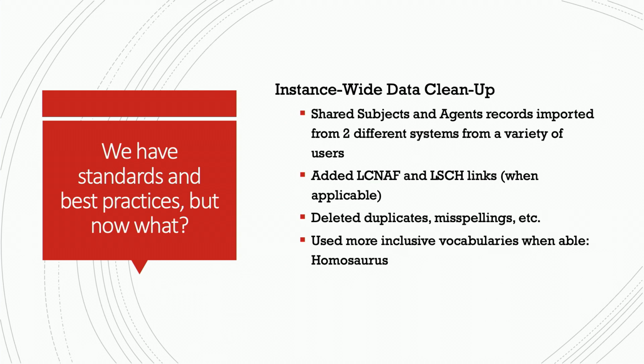So we added Library of Congress number and subject heading links as applicable. We, of course, deleted duplicates, misspellings, and like Rachel mentioned, we really tried to use more inclusive vocabularies whenever we were able to, most notably Homosaurus, because that's what works best for our collections.